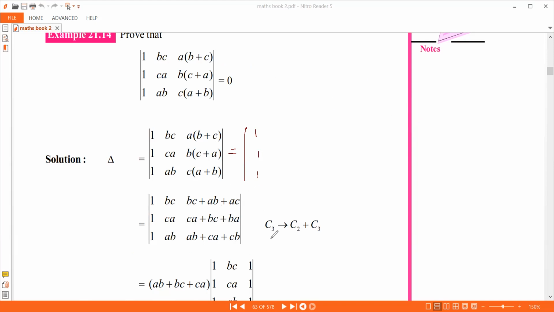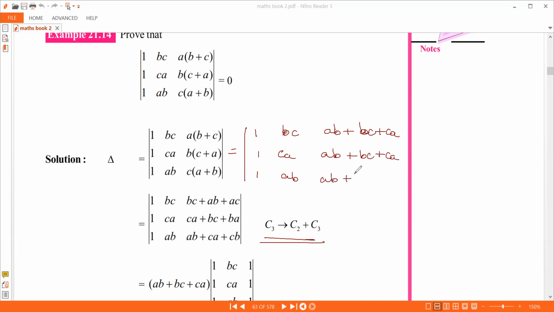He has done C3 is equal to C2 plus C3. BC CA AB is there, and he added this column. So what happens? AB plus AC, AB plus BC plus CA, you get this. And again, AB plus BC plus CA, you get this.